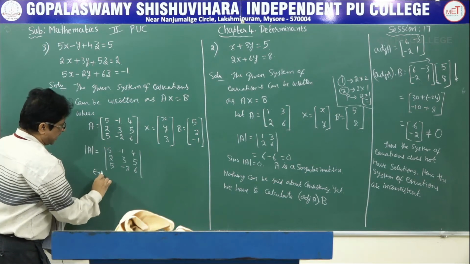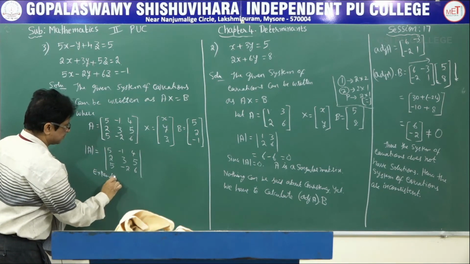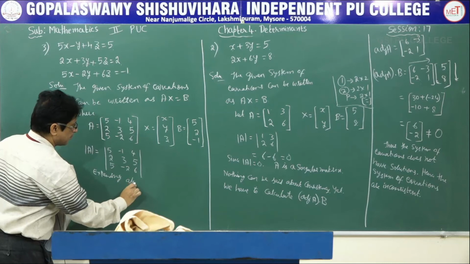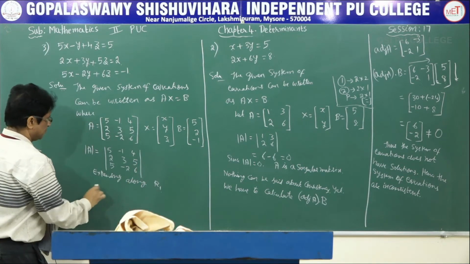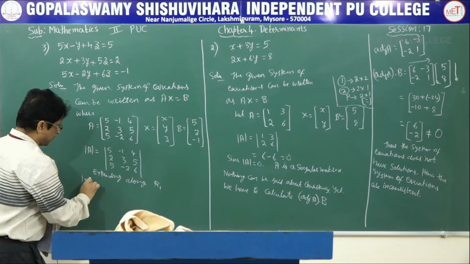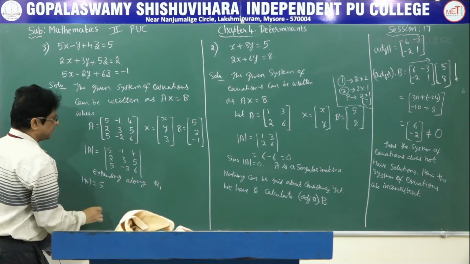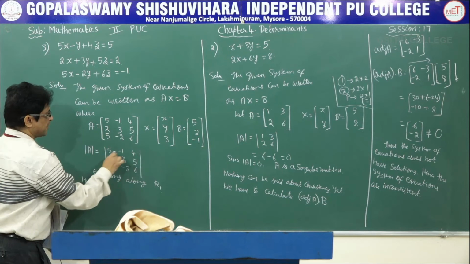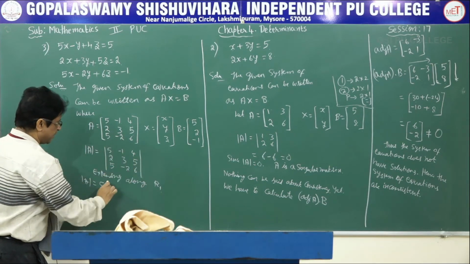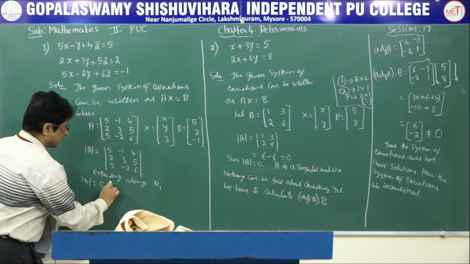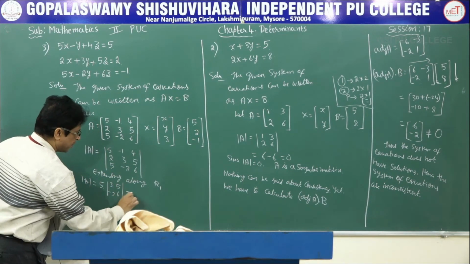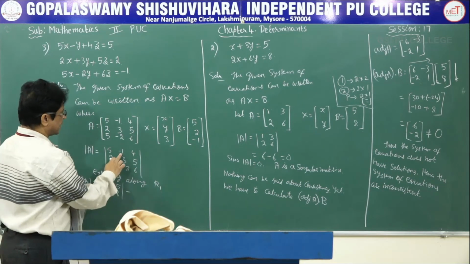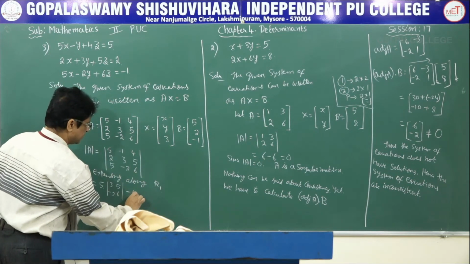So, expanding along R1, determinant of A is equal to 5 into, so 5 lies in the first row and first column, eliminate the first row and first column and take the determinant of the remaining elements, that is 3, 5, minus 2, 6, minus, next element is minus 1.